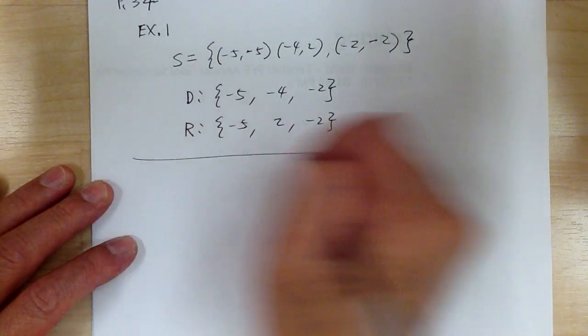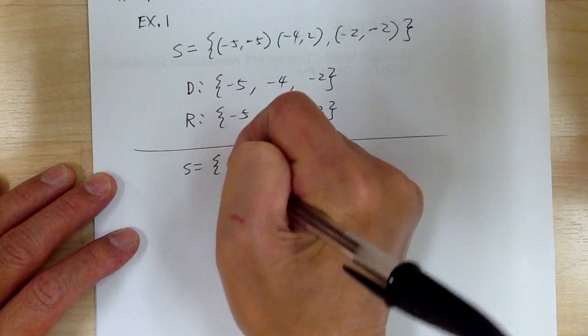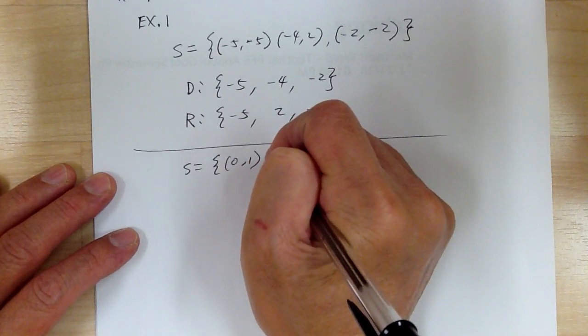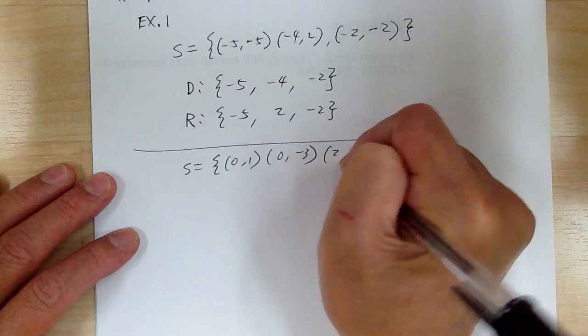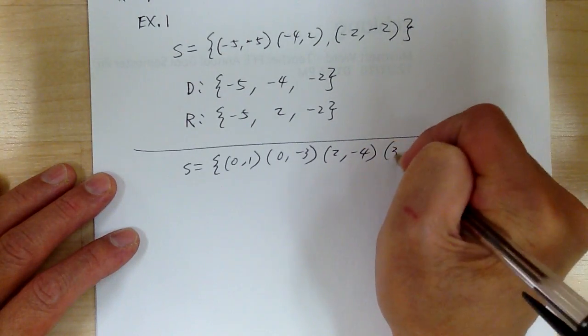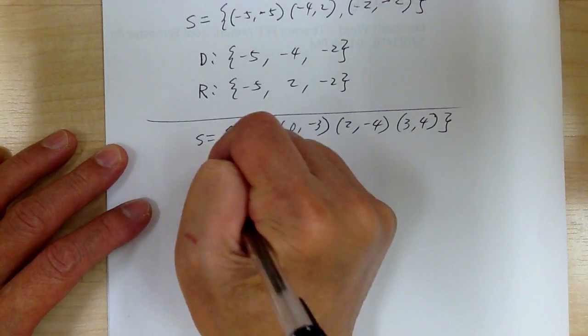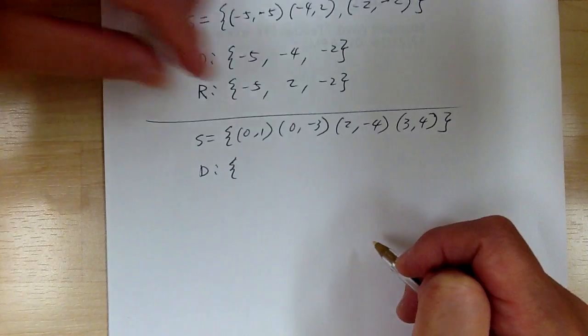And so if you use the second half of this relation, let's say S equal to (0, 1), (0, -3), (2, -4), and (3, 4), for example. In this case, the domain is the first number, the x, so it would be 0.